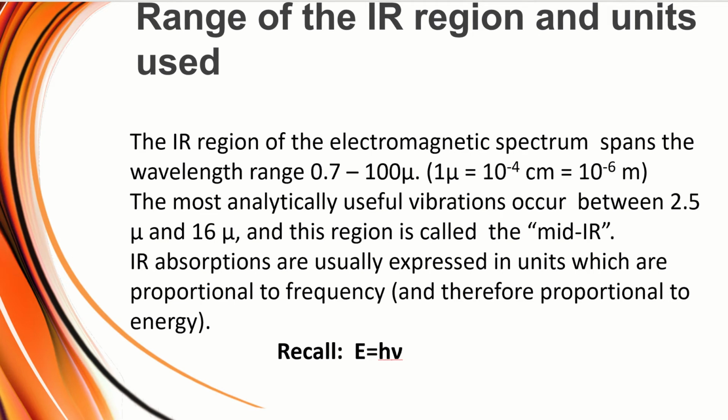So we see some conversion factors here where 1 micron is equal to 10 to the minus 4 centimeters, which is equal to 10 to the minus 6 meters, right? So these are our conversion factors if we need to convert between microns and centimeters and meters.